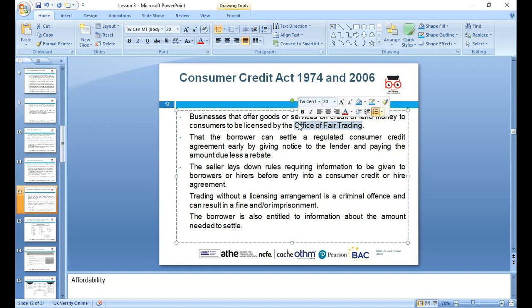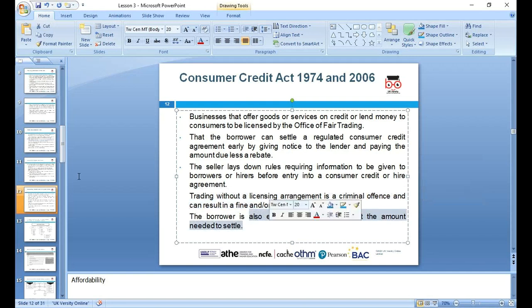Businesses that offer goods and services on credit and lend to the consumer are licensed by the Office of Fair Trading. First they need a license to do this. Then the borrower can settle the regulated credit agreement early, by giving notice to the lender and paying. The law also lays down rules requiring information to be given to the borrower, those who are borrowing the money.